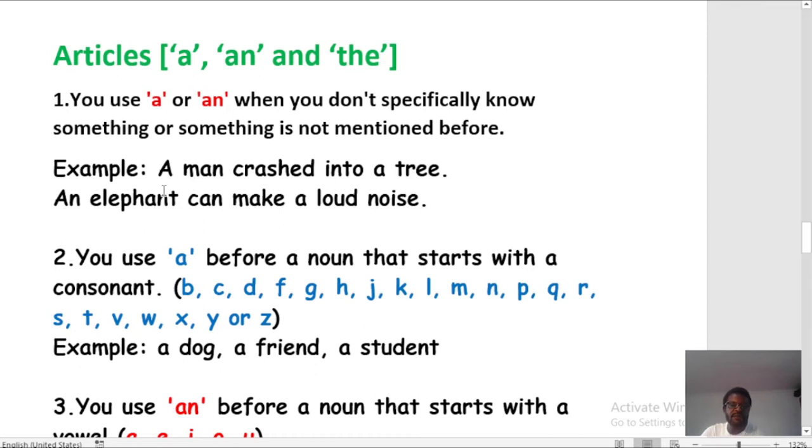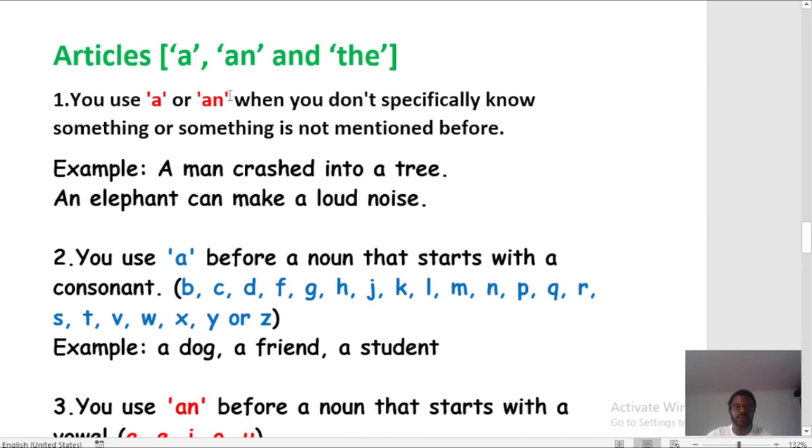Likewise, an elephant can make a loud noise. So we're just getting to know about this particular idea that an elephant can make a loud noise. So we'll get it started with what? An. And we use an because we've got E, which is a vowel. That's why we used an. Of course, you should be able to know this by now. Then we used a loud noise, which is never known to us.